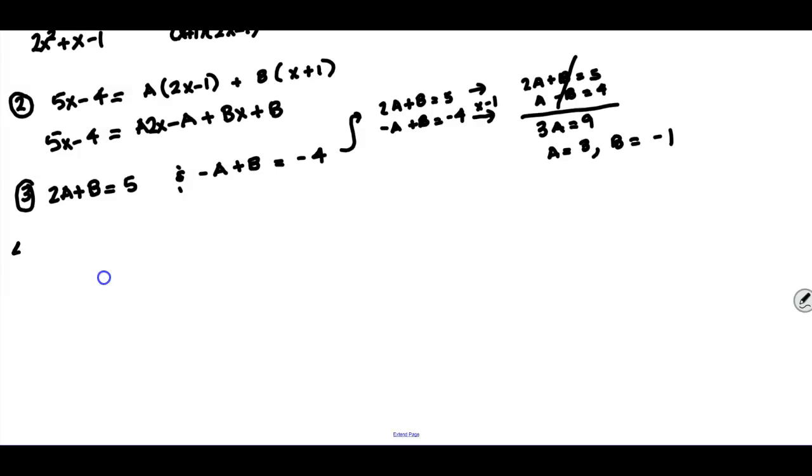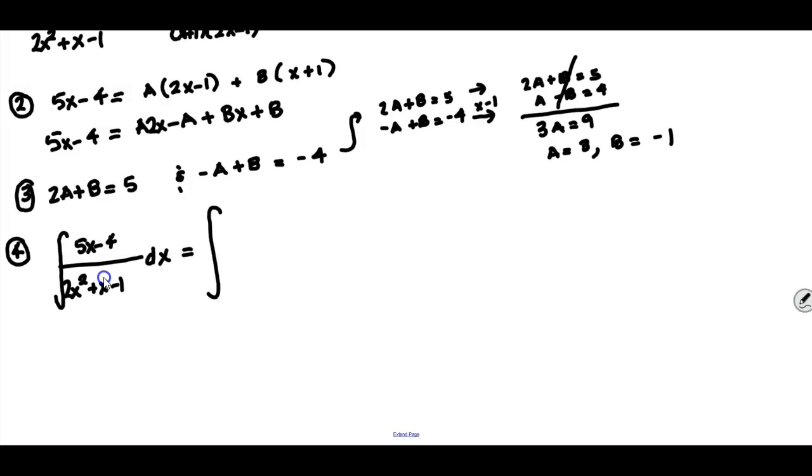Okay, so now again, using the definitions of partial fractions, we now know that if we want to integrate 5x minus 4 all over 2x squared plus x minus 1 dx, that becomes the following.